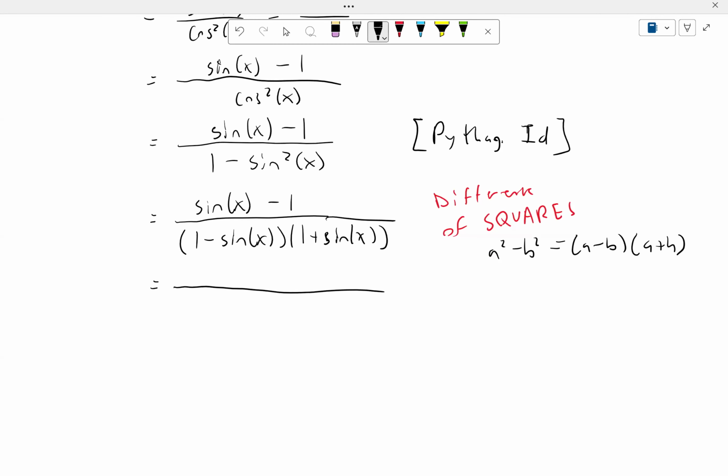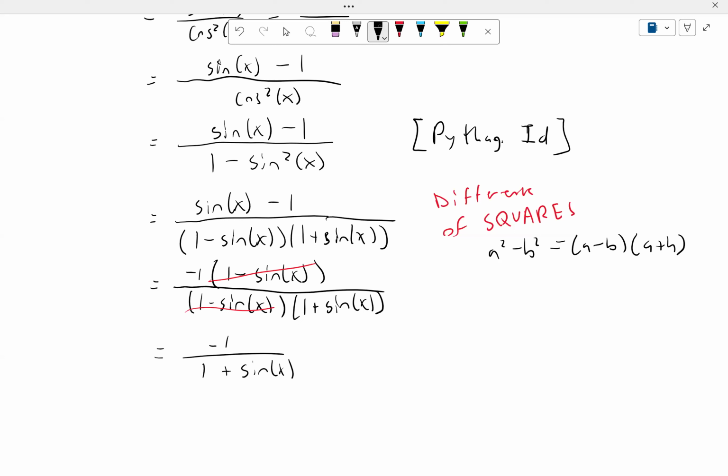I see I have a 1 minus sine of x in the denominator here, which is great, and I have a sine of x minus 1 in the numerator. So if I factor a negative 1 out of the numerator, then I'll be left with 1 minus sine of x. Now I see some cancellation. I have a common factor here and here, which are going to cancel off. So this is going to be negative 1 divided by 1 plus sine of x. And there we have it.